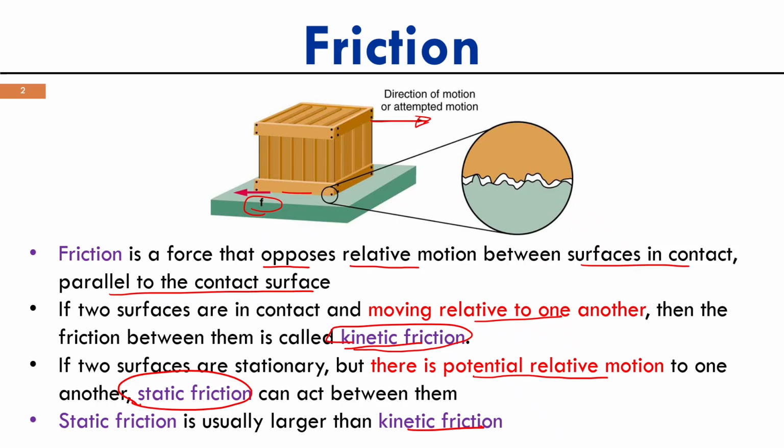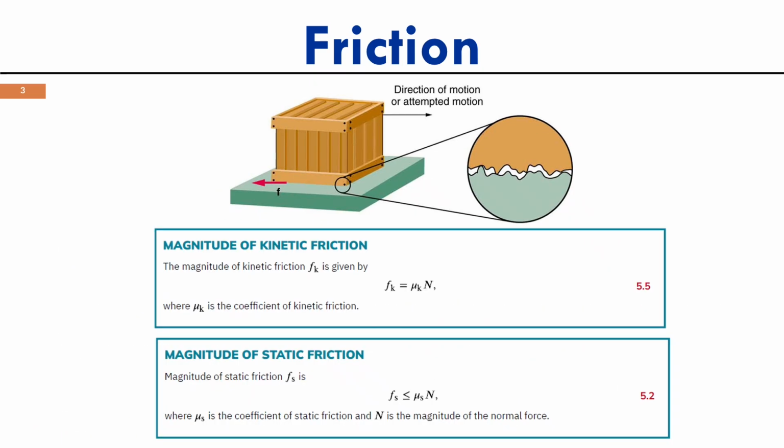And if you want to do the calculation, we know that the kinetic friction equals the kinetic friction coefficient times the normal force. So if you have kinetic friction, the friction force is a fixed value. But static friction is not a fixed value. Instead, it's a range.